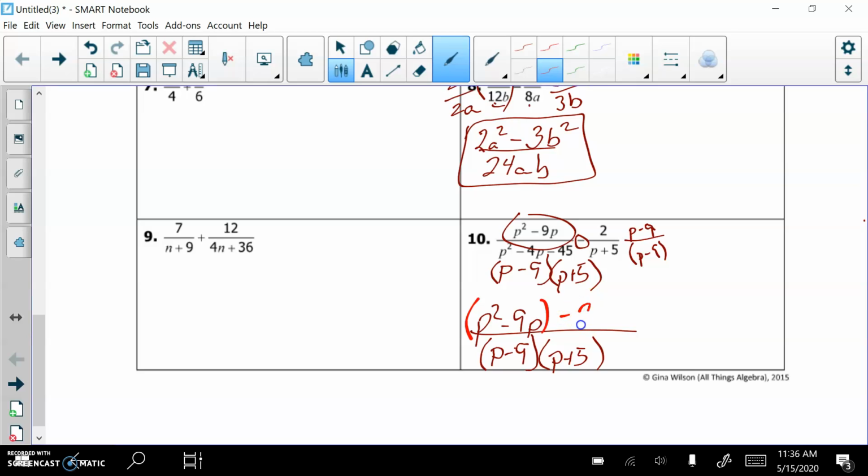Parentheses, minus 2 times p minus 9, so that gets me negative 2p plus 18. Okay, so p squared minus 9p minus 2p is minus 11p plus 18. Now I'm going to need more space.